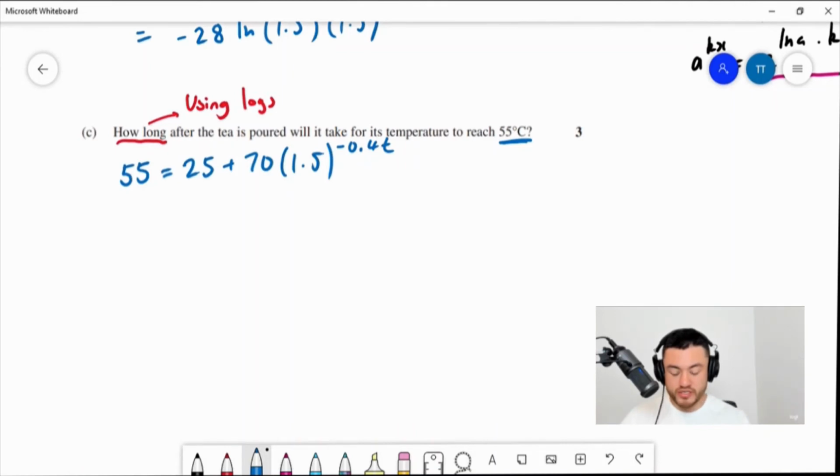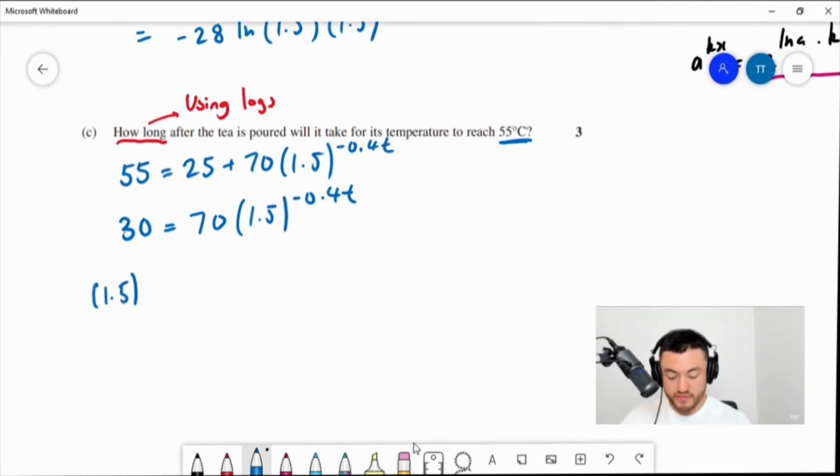Okay, so the first thing I'm going to do is subtract 25 from both sides. So we have 30 is equal to 70 times 1.5 to the power of negative 0.4t. And then we will divide both sides by 70, and I'm going to bring our variable to the left-hand side. So we have 1.5 to the power of negative 0.4t is equal to 30 over 70.